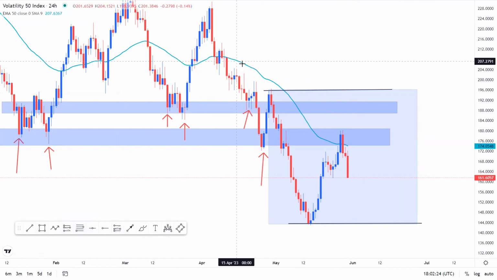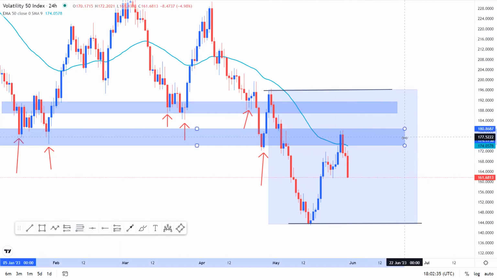Clearly, if I bring in the 50 exponential moving average, you can see very clearly, right at the level I've marked up as my area of interest, we have the exponential moving average also aligning. In this case, because price is below this level, the exponential moving average is expected to act as a dynamic resistance.